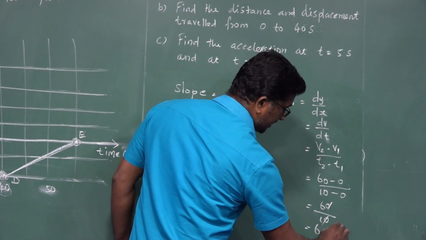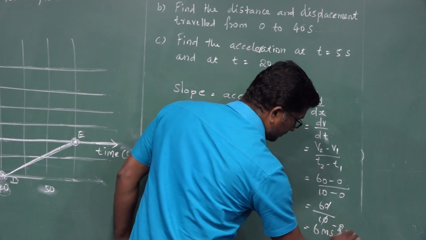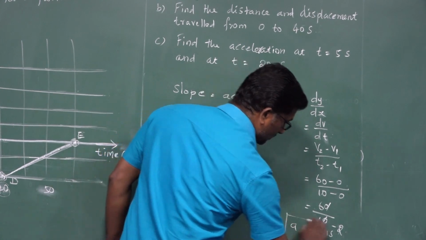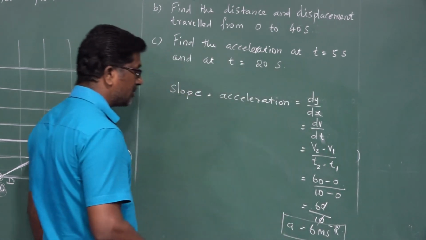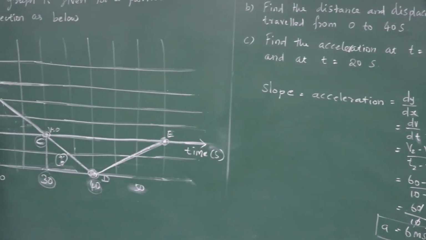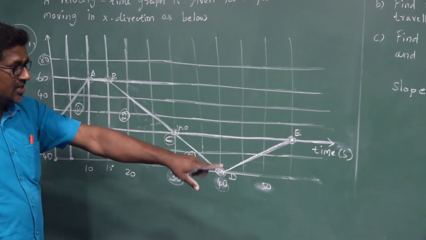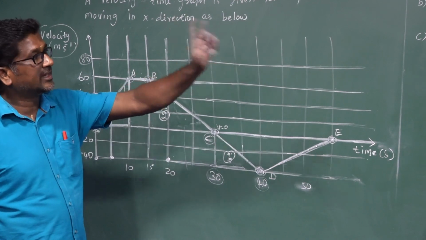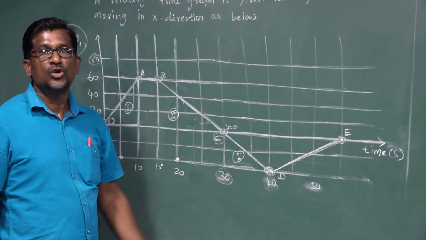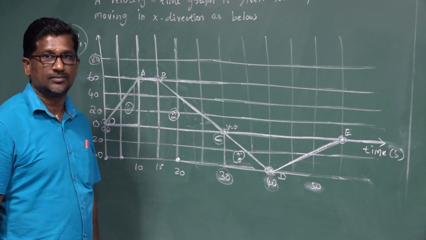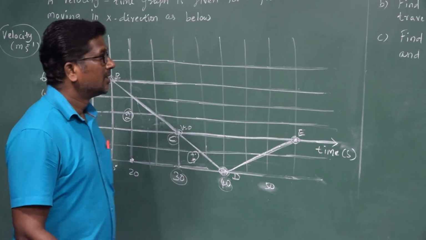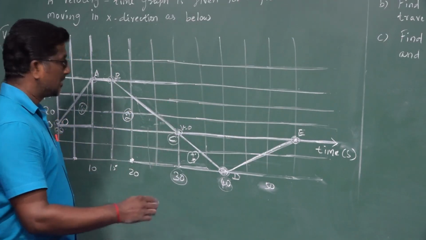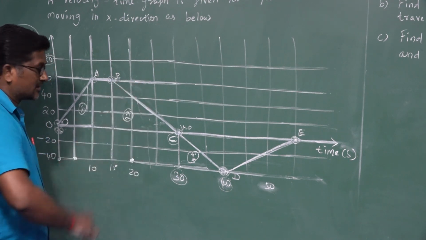So 6 meters second power minus 2. So the acceleration experienced by the particle from the region O to A is constant, that value is 6 meters second power minus 2. So the acceleration at a time t equal to 5 seconds also 6 meters second power minus 2.